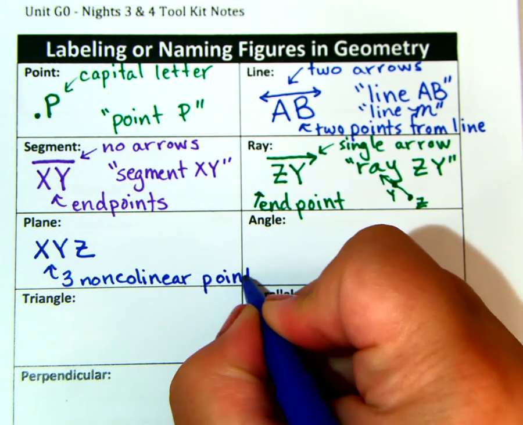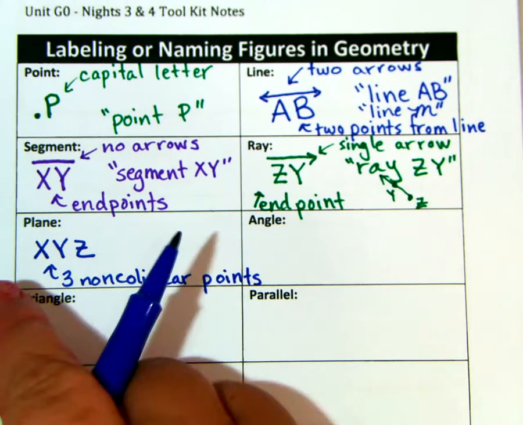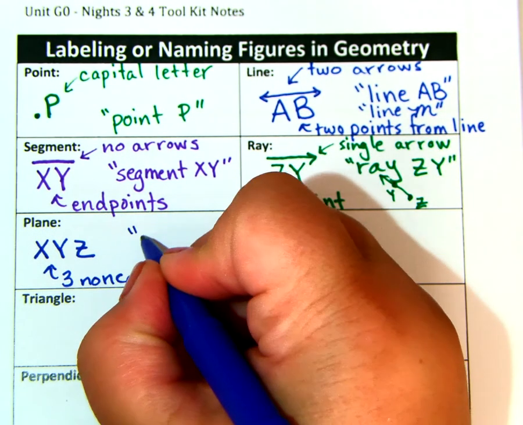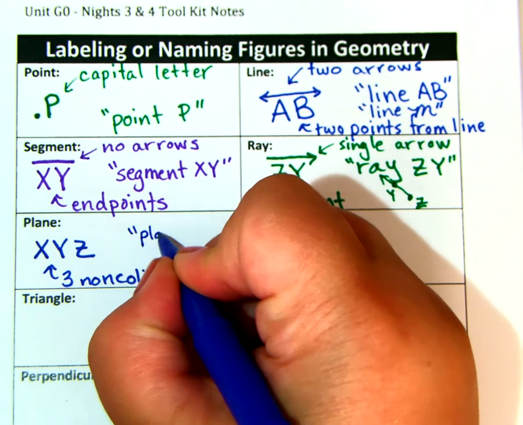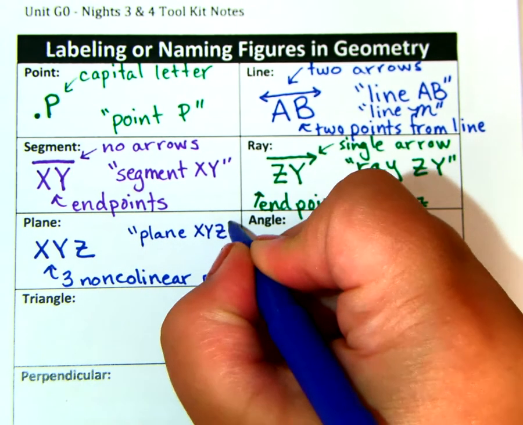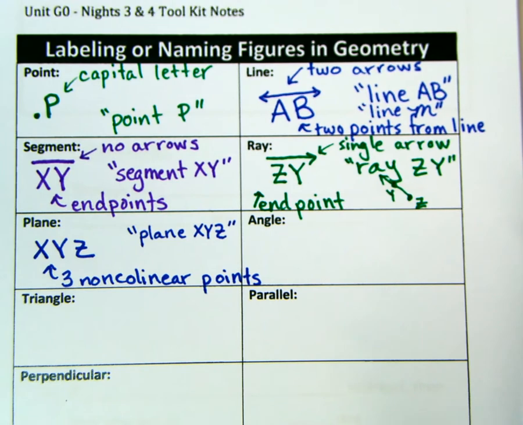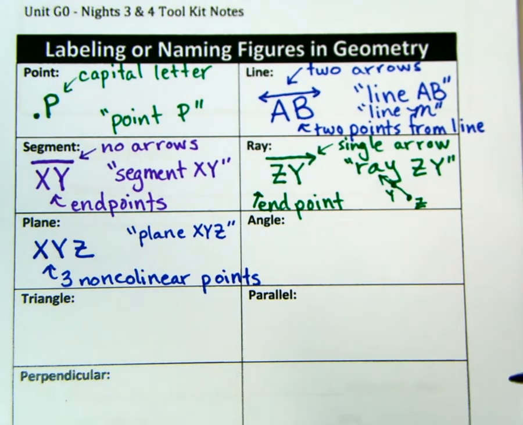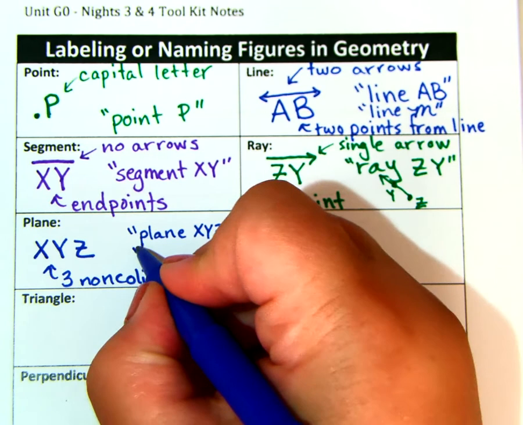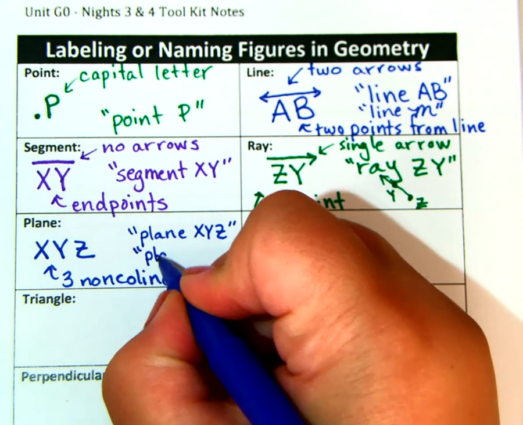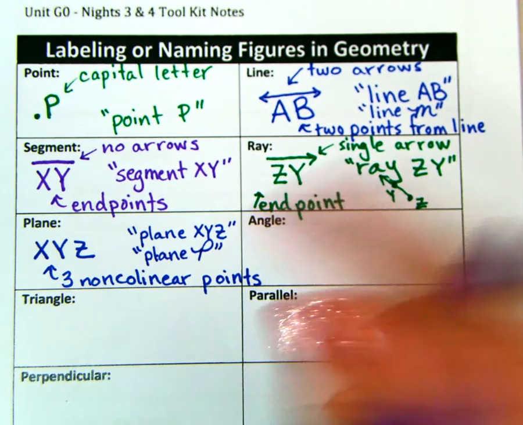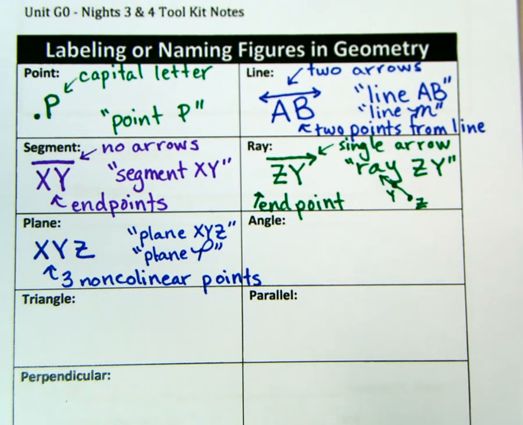You could also name it with more letters, so you could write WXYZ, and we would call this plane WXYZ. Sometimes they use a single italicized capital letter to represent the plane. And again, we use cursive letters to represent italicized letters.